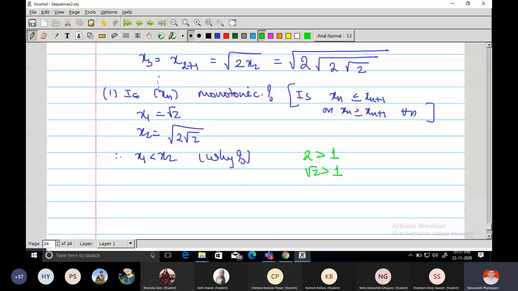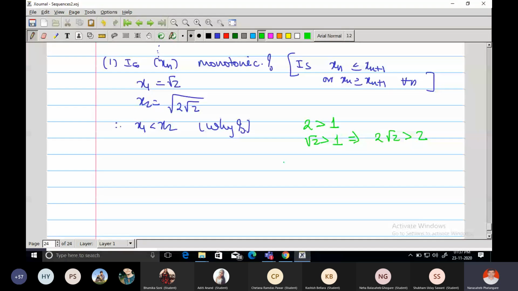Yes. 2 root 2 is greater than 2. Correct? And that means if you take the square root of both sides, ultimately x2 is greater than x1. So this is just a simple observation: x1 is less than x2, or x2 is greater than x1. Fine.